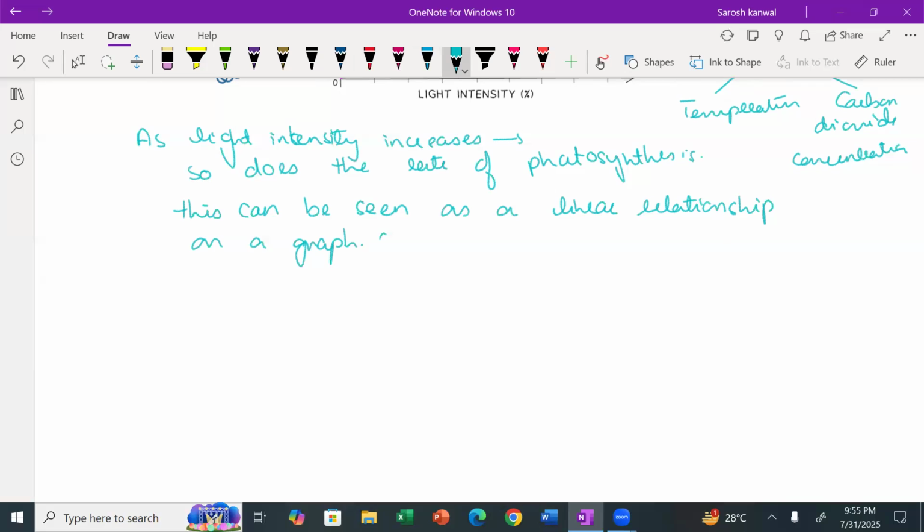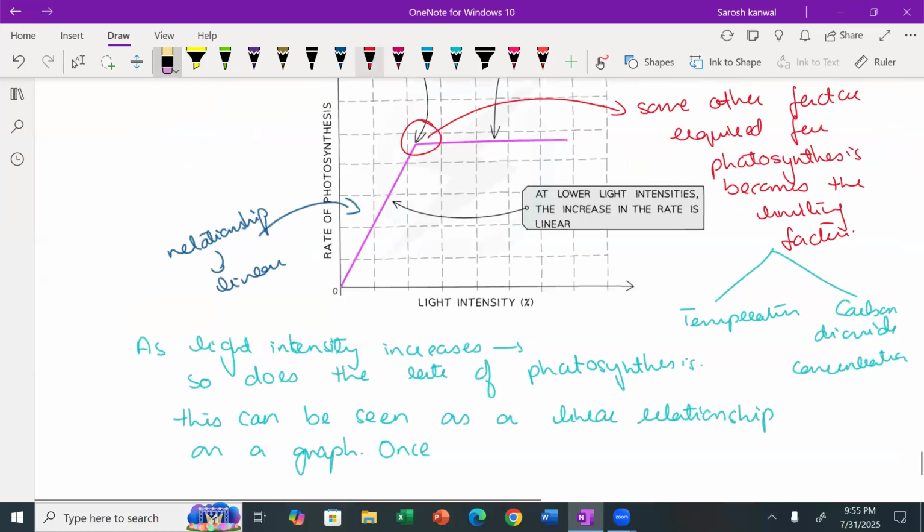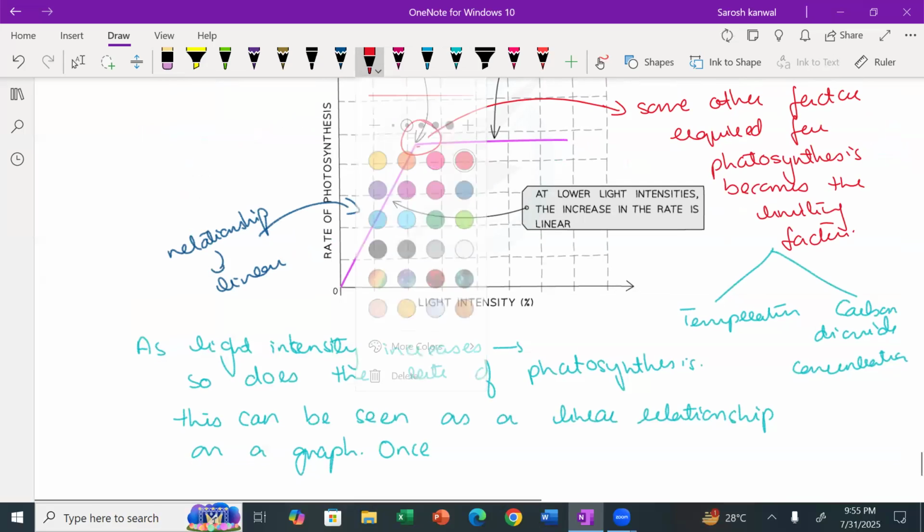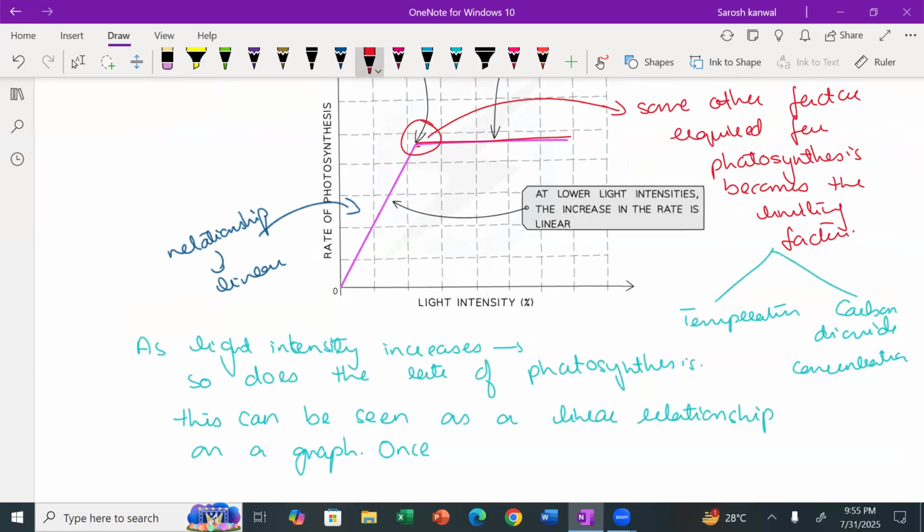Now, once the graph levels off, as you can see here, from here it starts to level off, right?